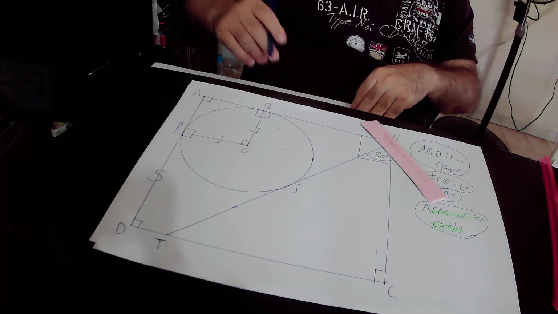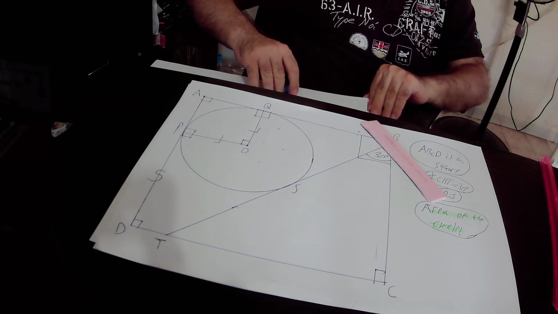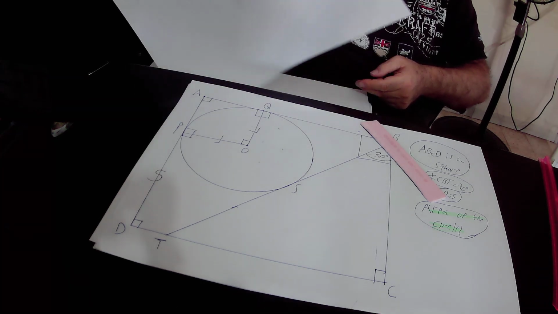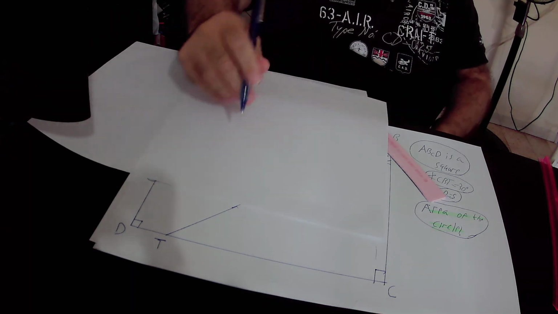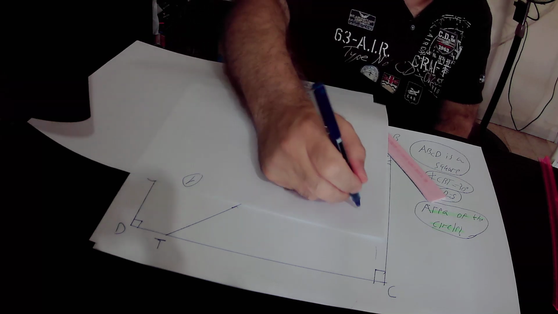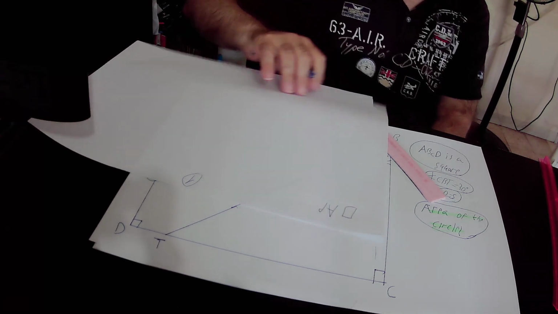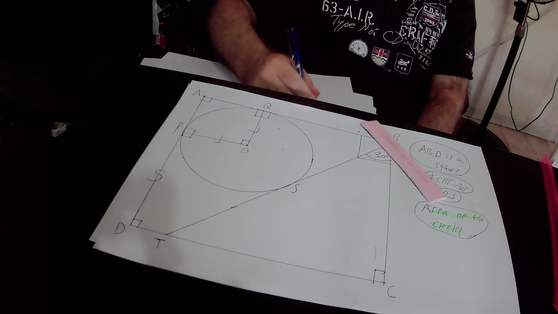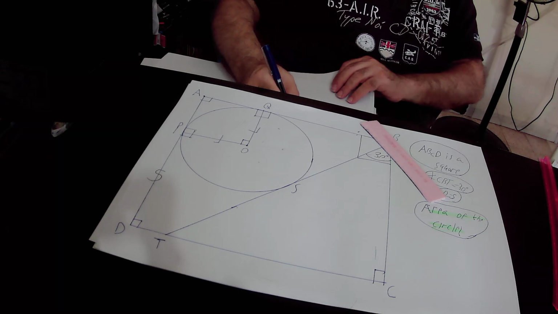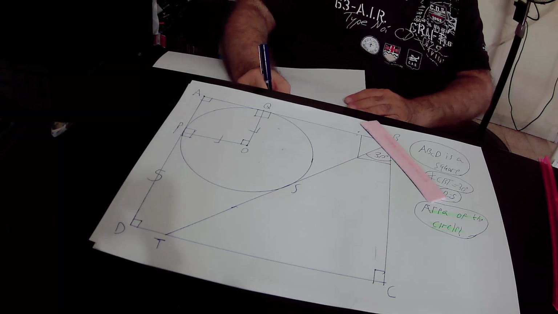Therefore, quadrangle AQPO is a rectangle. I write it down. Quadrangle AQPO is a rectangle because it has 4 right angles.